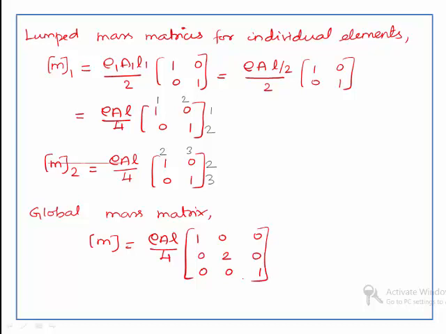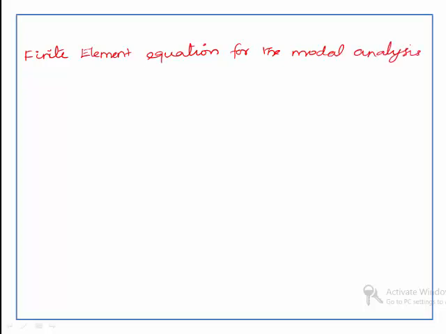Now we can go with the finite element equation for modal analysis problems: K minus M omega square times U is equal to 0 for the free vibration case.